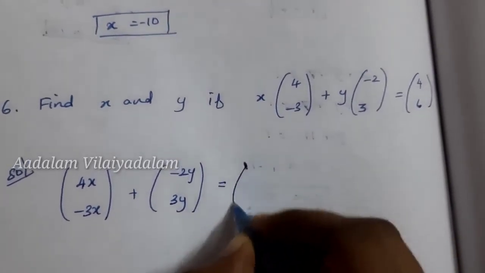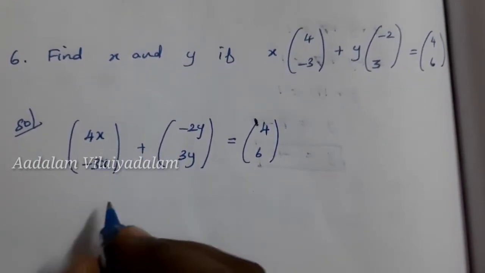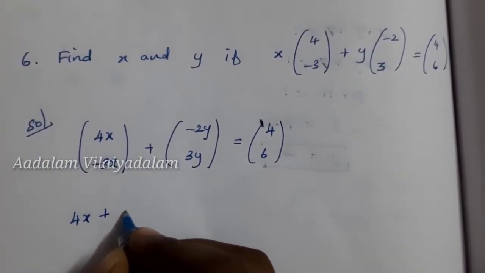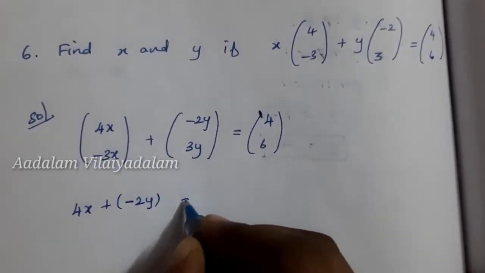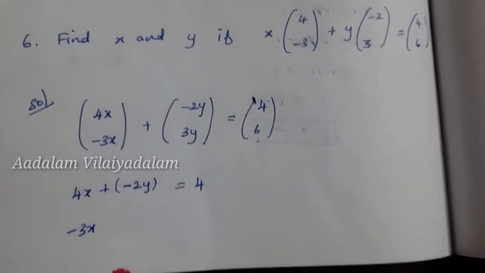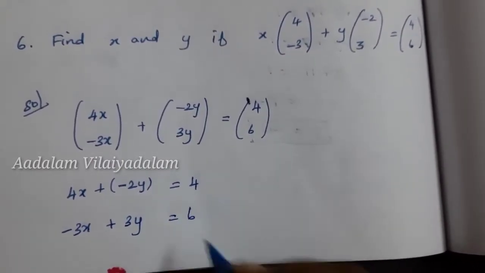Then equating these elements of the matrix 4, 6 we get 4x plus minus 2y, or we can change the sign in the next step. The next one, minus 3x here plus 3y equal to 6.